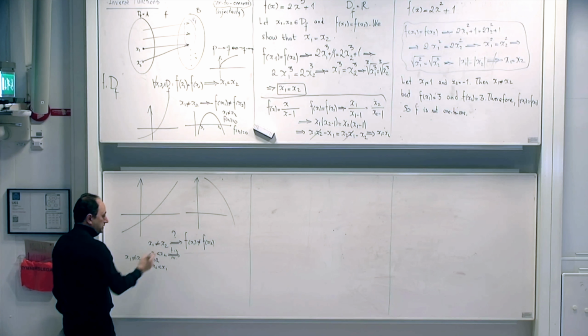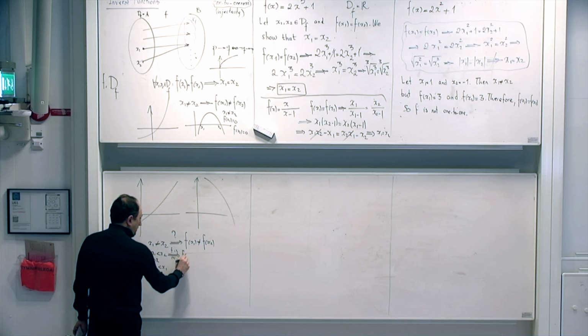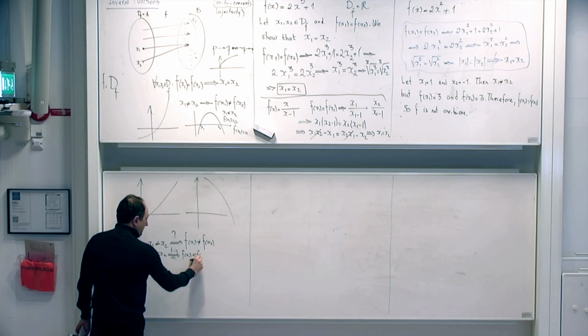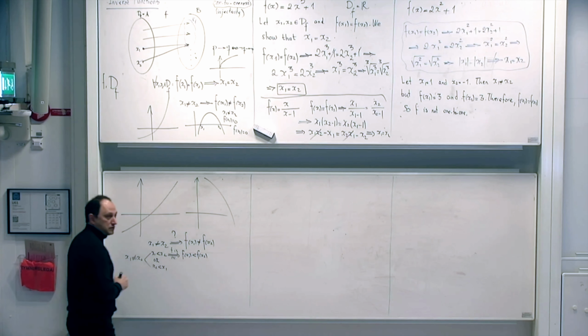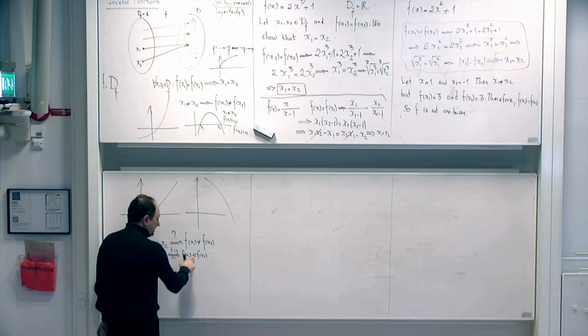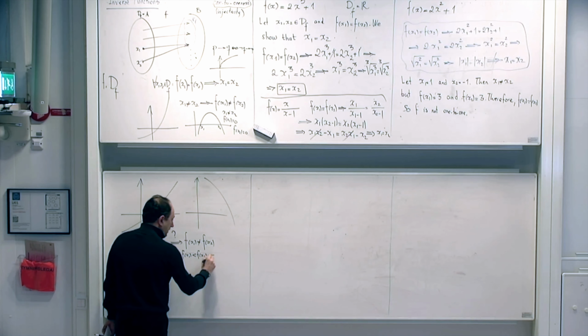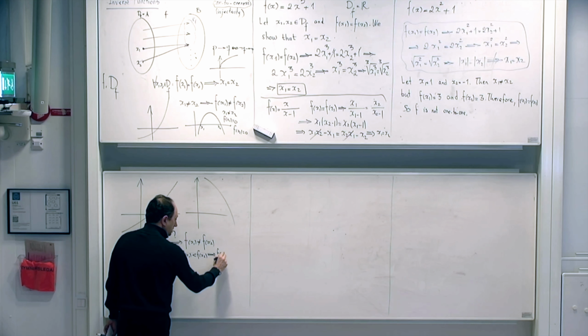Do you remember the definition of an increasing function? f of x1 is strictly less than f of x2. And if f of x1 is strictly less than f of x2, can I conclude that they are not equal? Yes. So I am done for this case.